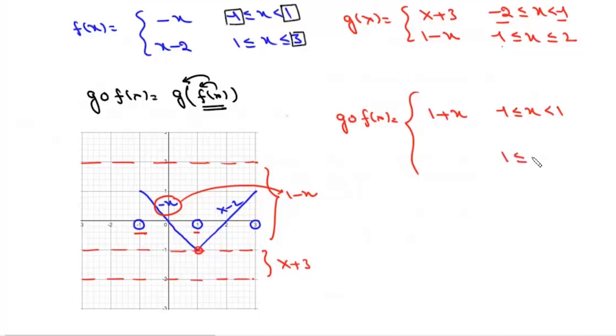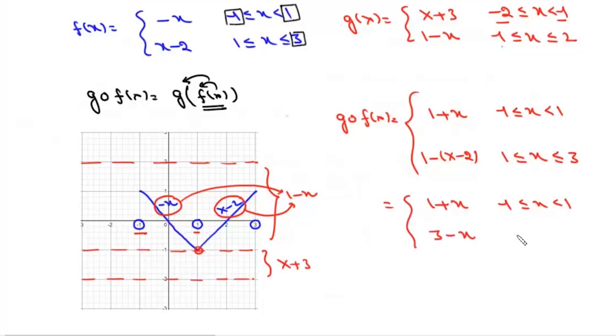So when x lies between 1 and 3, here the definition is x minus 2, and it'll still go to 1 minus x. So it will be 1 minus x minus 2. So this function will be 1 plus x when x lies between minus 1 and 1, and it will be 3 minus x when x lies between 1 and 3.